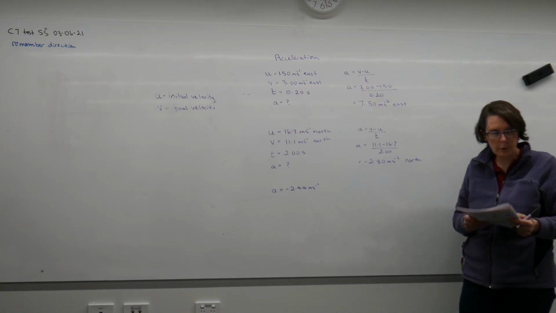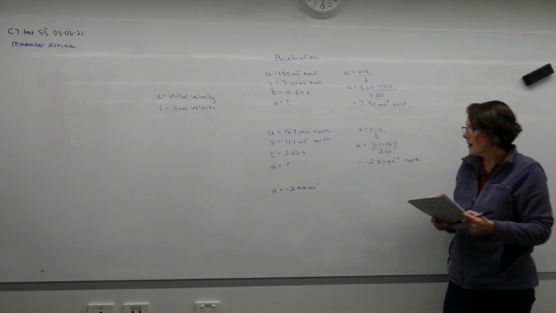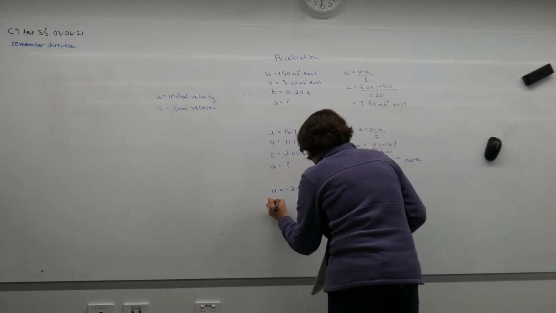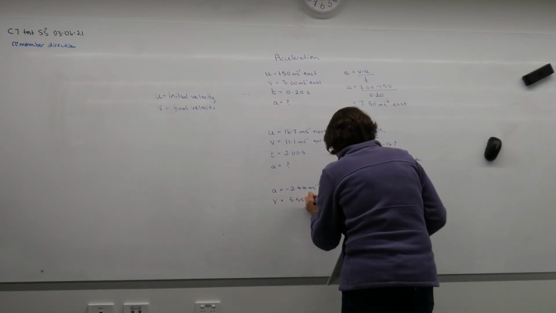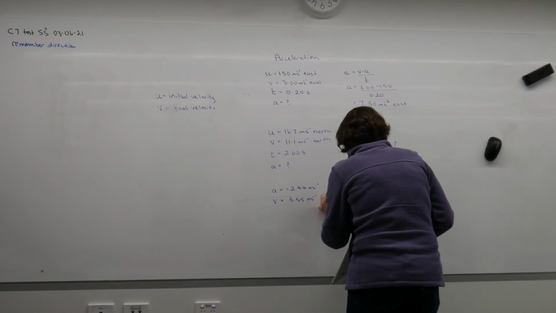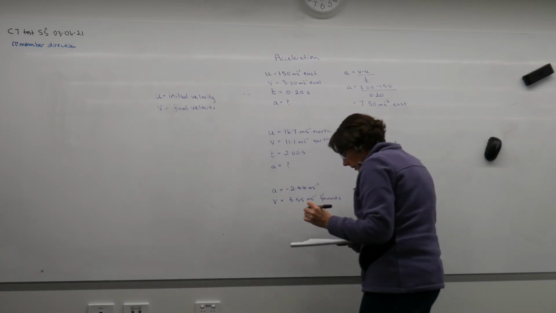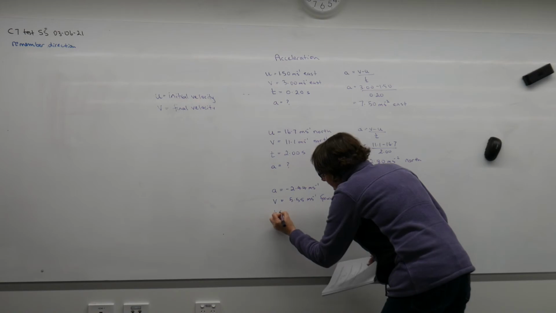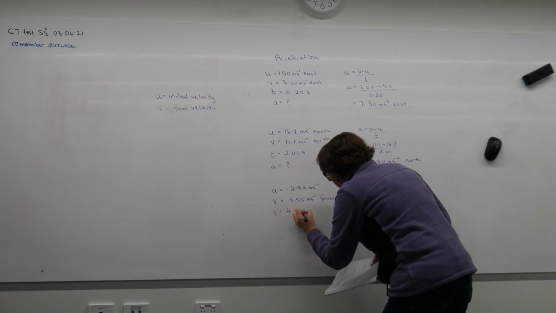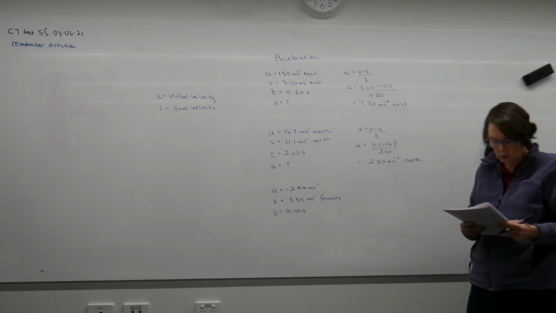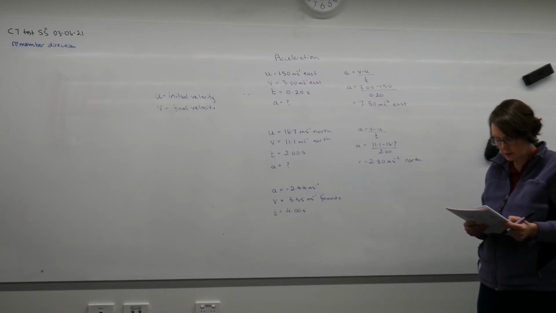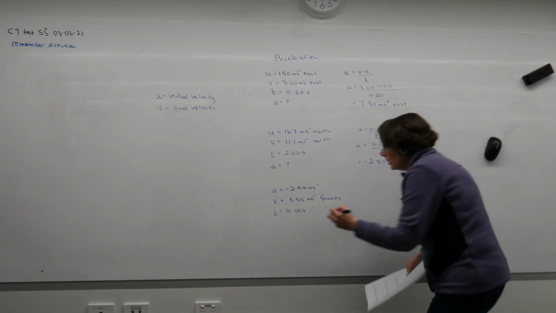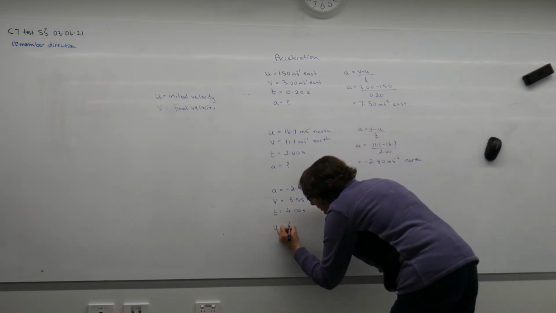So that 5.55 is the final velocity. And it did that in 4 seconds. What was the horse's velocity as it crossed the finish line? And so this is what we want to know, the initial velocity.